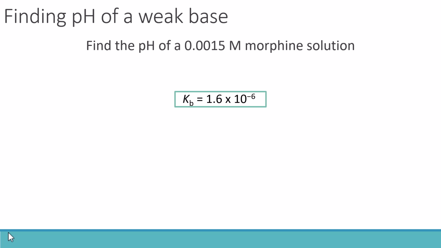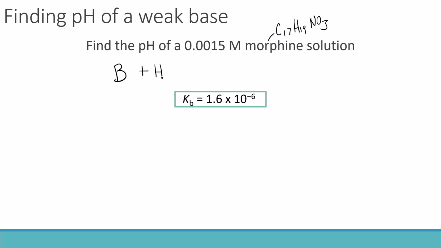But if that's not something you want to do and instead you want to just get comfortable with this generic formula, that might be a better path to take. So I will tell you, if you want to know it, morphine is C17H19NO3. So if you want to use that, by all means, go ahead. What I would do is use this generic B for base. So that's going to be our weak base.